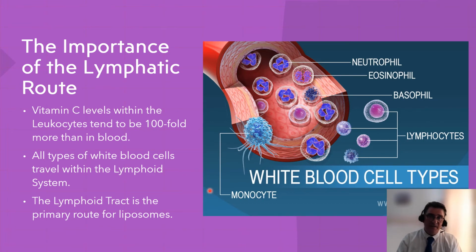So liposomal vitamin C delivers this valuable ingredient first to the lymph system, and those cells who need vitamin C almost 100 times more than the circulatory system are provided first with vitamin C.